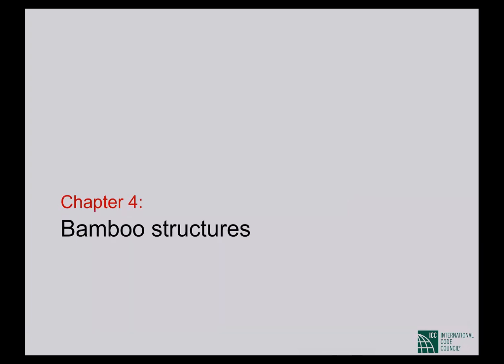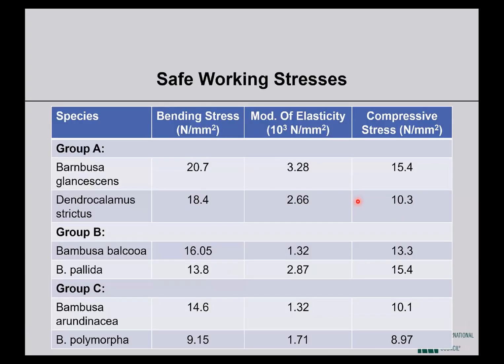Bamboo structures, this is a new addition. This is basically taken from the Indian Building Code, but some information related to local species of bamboo is included in this chapter, and that information was collected from the Bangladesh Forest Research Institute, BFRI. So both in the bamboo chapter and the timber chapter there is information about local species, and BFRI did a lot of research on local species.